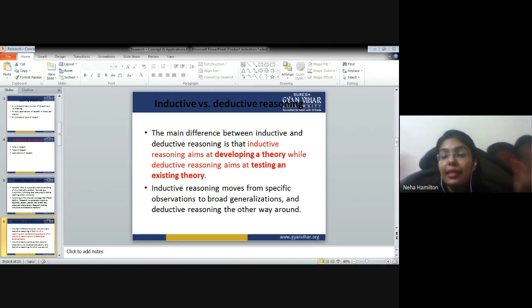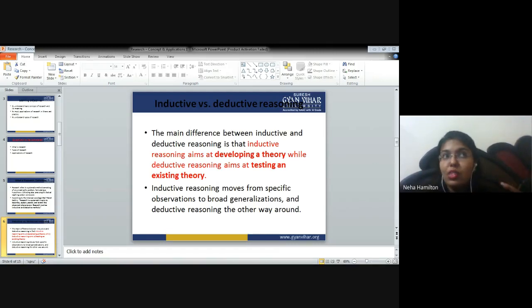You are testing an existing theory, right? There are various theories which are established and given by many scientists and many philosophers. For example, Newton's laws of motion, right? Newton has given three laws of motion. We are very clear about what those three laws are.